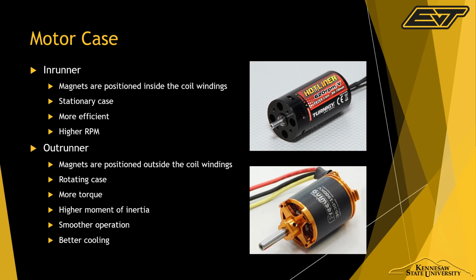If anyone's ever taken physics, dynamics, statics, even if you've passed high school, you know that if you spin the very outside of the steering wheel of a car, you're going to have more force on the wheels than if you spin the inside. So that's why they have more torque.